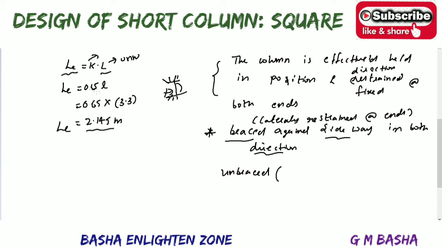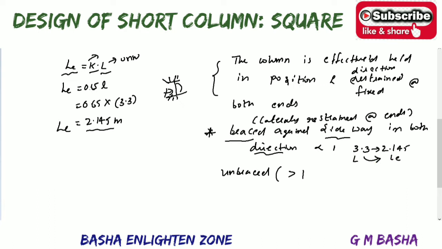And one more condition to remember: for braced conditions the effective length factor is always less than unity, and for unbraced conditions the effective length factor is greater than 1. With 3.3 meters you get 2.145, so the effective length is lesser than the unsupported length.